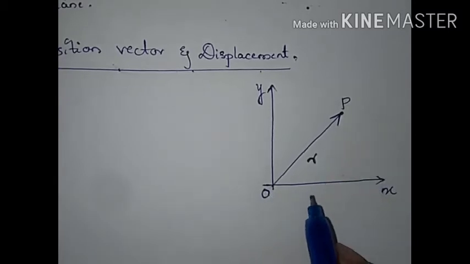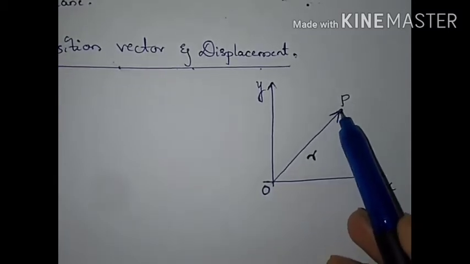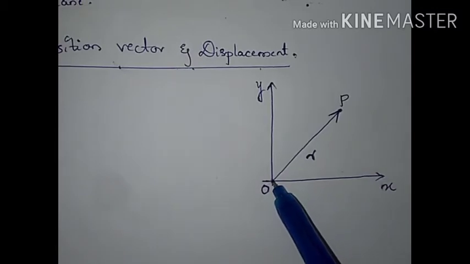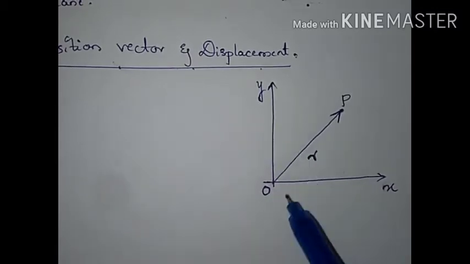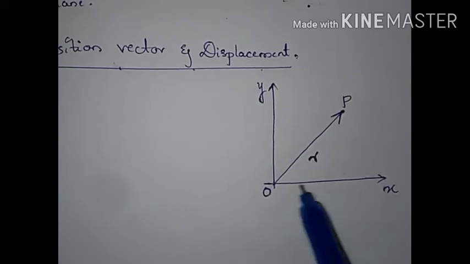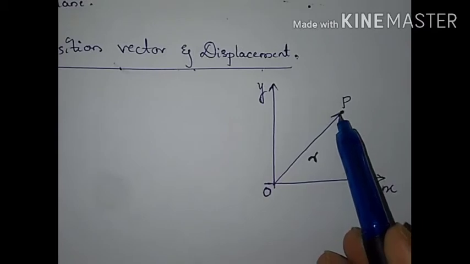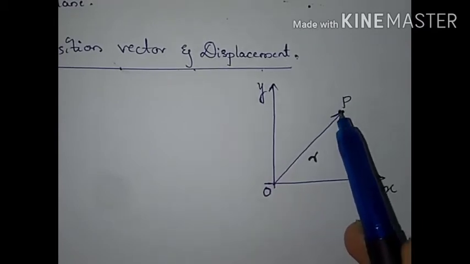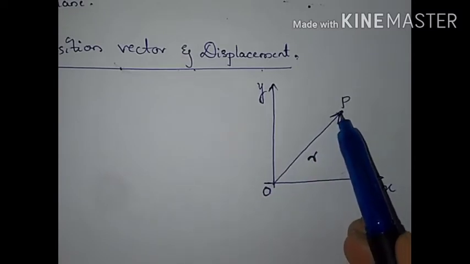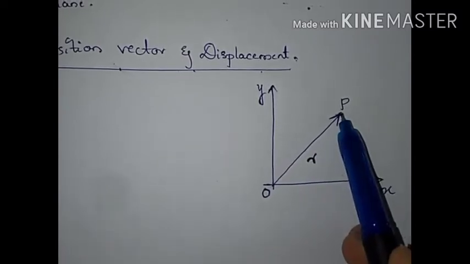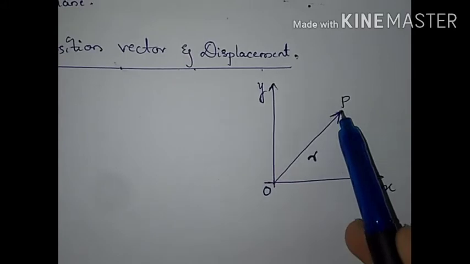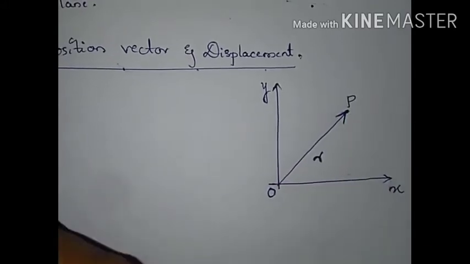So you are drawing the position vector of a particle with respect to the origin of an xy reference frame or xy coordinate. So what is this? This is the position of the particle. So if you know the position of the particle, then you have to draw the position vector r to the position of the particle.